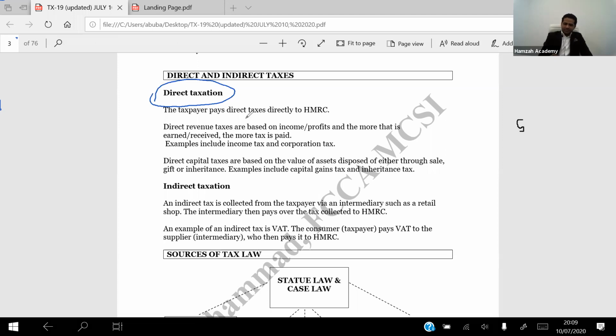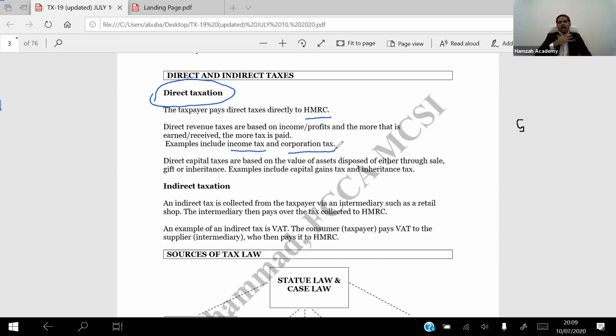A taxpayer pays direct taxes to HMRC. Direct taxes revenue is based on income or profit earned or received, for example, income tax or corporation tax. Why do we call it direct taxes? Direct means, as you can see from the word itself, directly related to somebody.